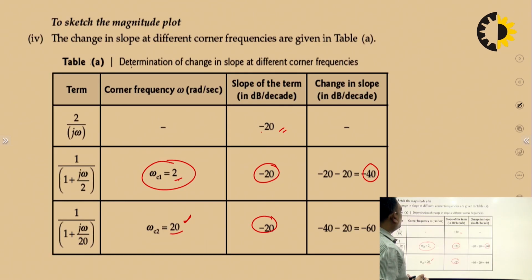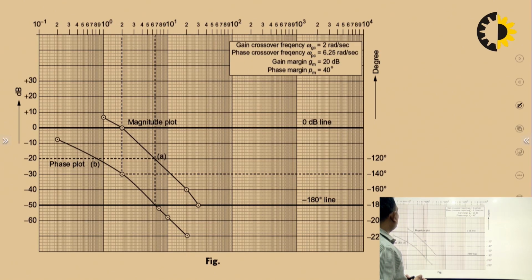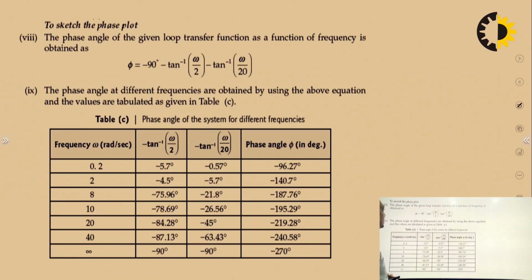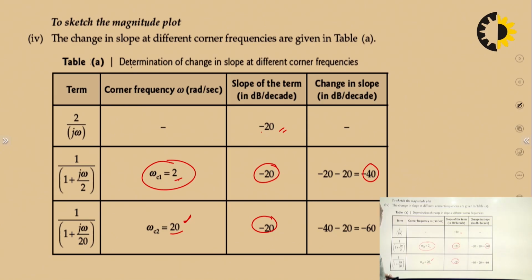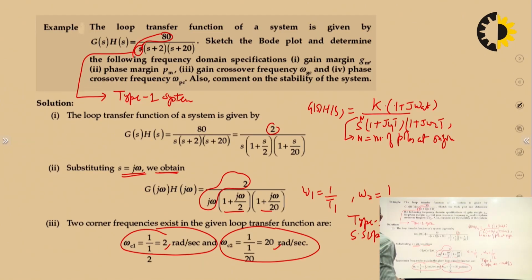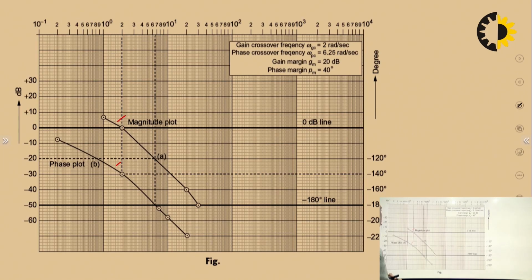And you can see this Bode plot. This is the magnitude plot, and this is the phase plot. The initial slope is minus 20 dB per decade, and the first corner frequency is at 2 radian per second.